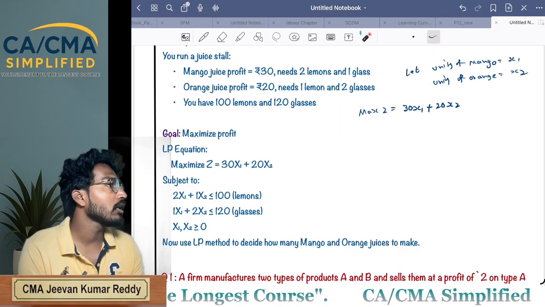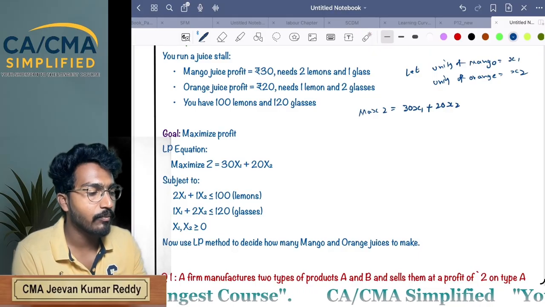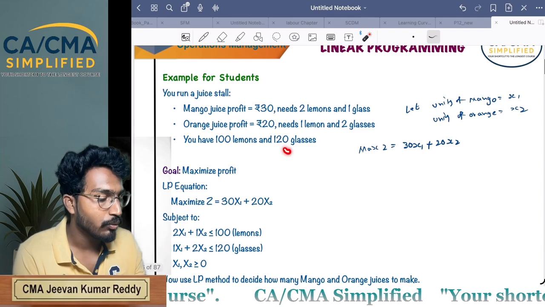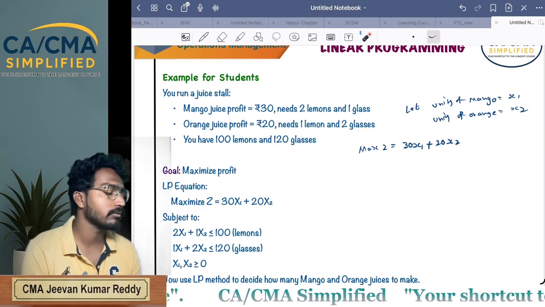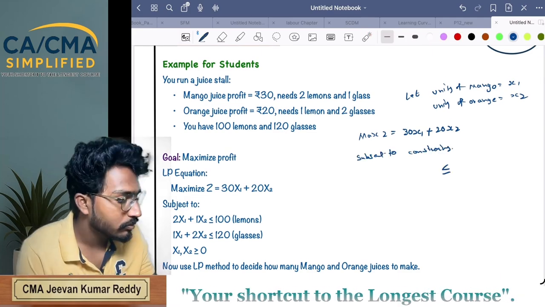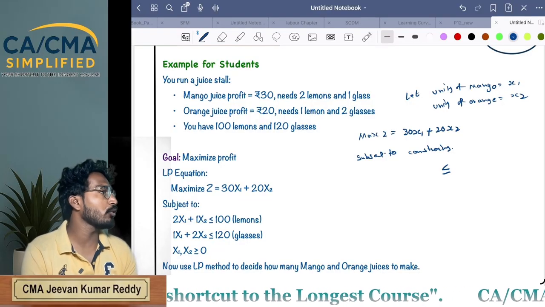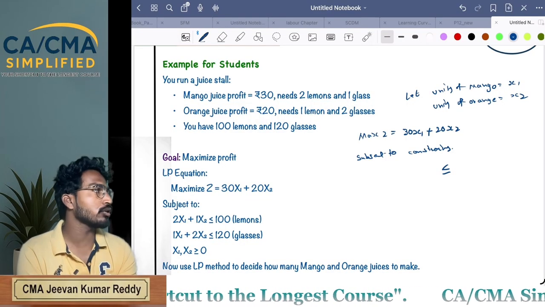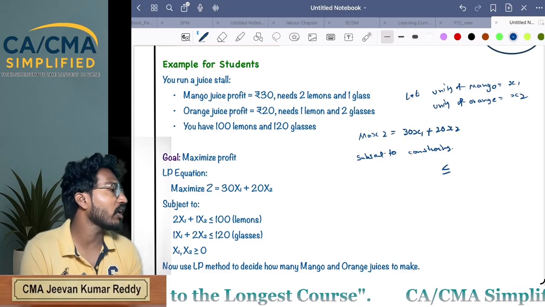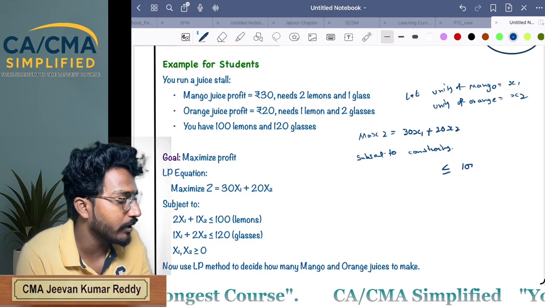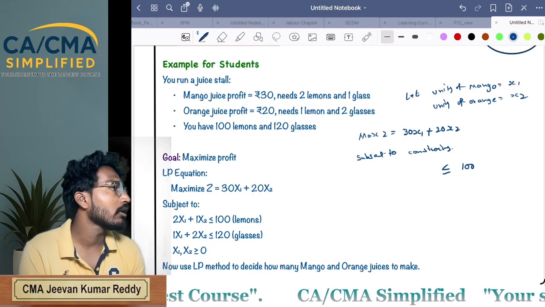Subject to constraints. There are some constraints. What is that? We have only 100 lemons and 120 glasses. You can use any amount of lemons you want for mango juice and orange juice, but it should be less than or equal to 100. It won't exceed 100 lemons.